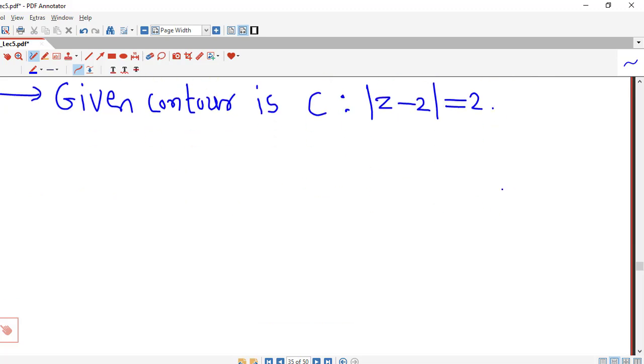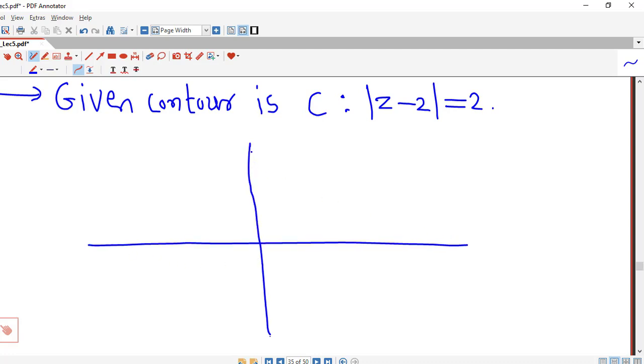So we can roughly sketch this circle, or we can take modulus of isolated singularities to check whether they are inside or outside this circle. So we have circle with center 2 and radius 2. So suppose this distance is 1, so this becomes 2, and radius is 2, so here we have to go up to 4.